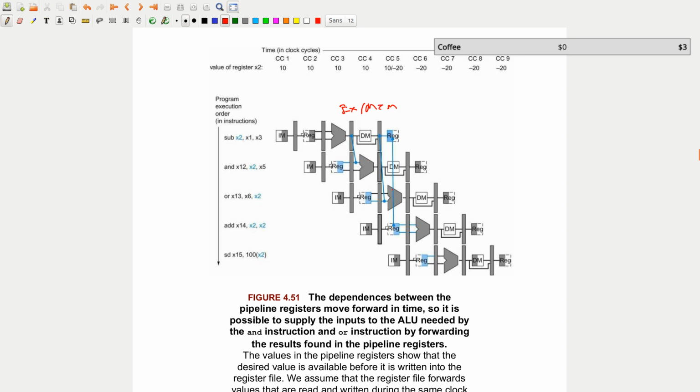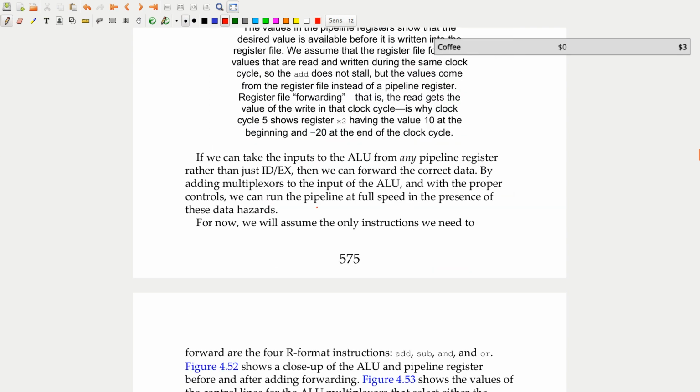For something like the next one, we can forward it directly from the mem write back register. And then for something like this add, we don't need to do any forwarding at all because it's already in the register file. And then the same thing for the store data or store instruction. Okay.